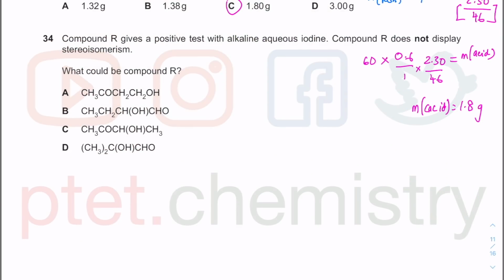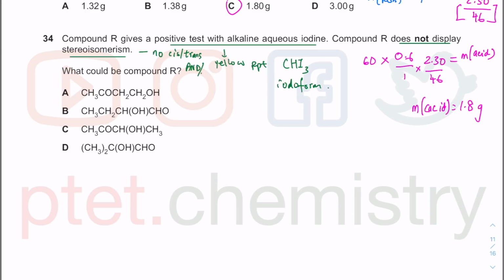Question 24, we get a positive test with alkaline aqueous iodine. So we get a yellow precipitate. This yellow precipitate is called triiodomethane, and the other name is iodoform: 3 iodine, 1 hydrogen on 1 carbon. Compound R does not display stereoisomerism. Stereoisomerism means no cis and trans, but it also means optical isomerism, which is to do with a chiral carbon.